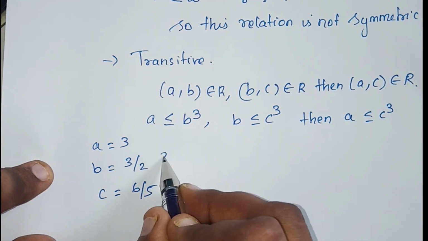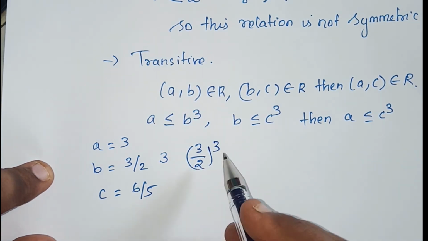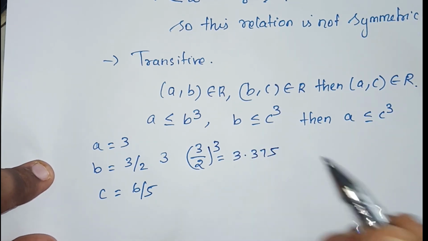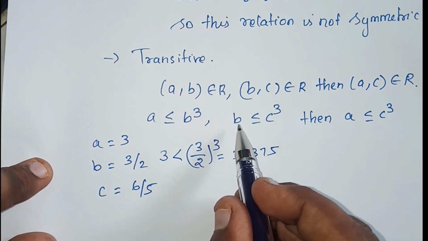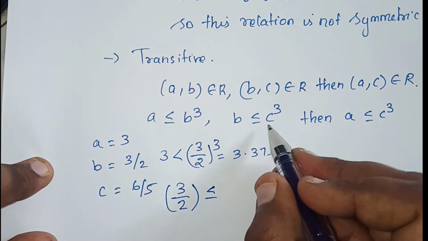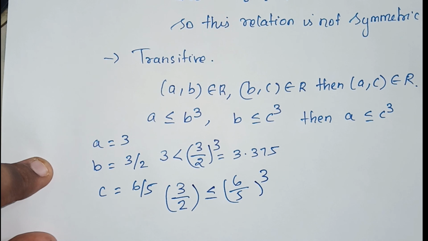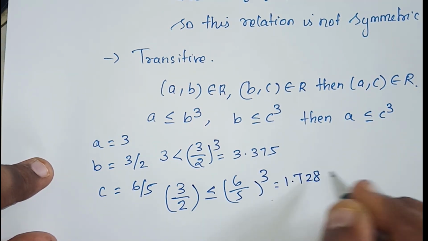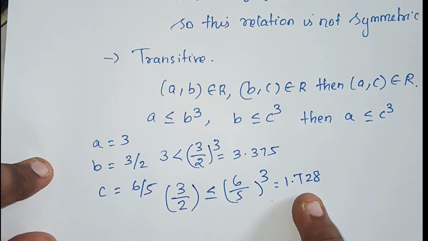A is 3. B cube means 3 by 2 the whole cube, which is equal to 3.375. So 3 is obviously less than this number. Next, B equal to 3 by 2 is less than or equal to C cube. C cube is 6 by 5 the whole cube, which is 1.728. B is 1.5. So 1.5 is less than 1.728.